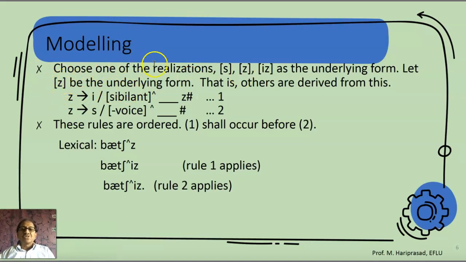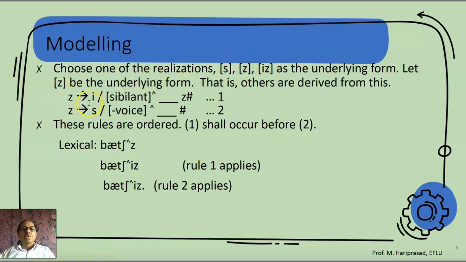Z has to change to s in certain contexts, remains z in certain contexts, and changes to "iz" in certain other contexts. The other forms are derived from z.